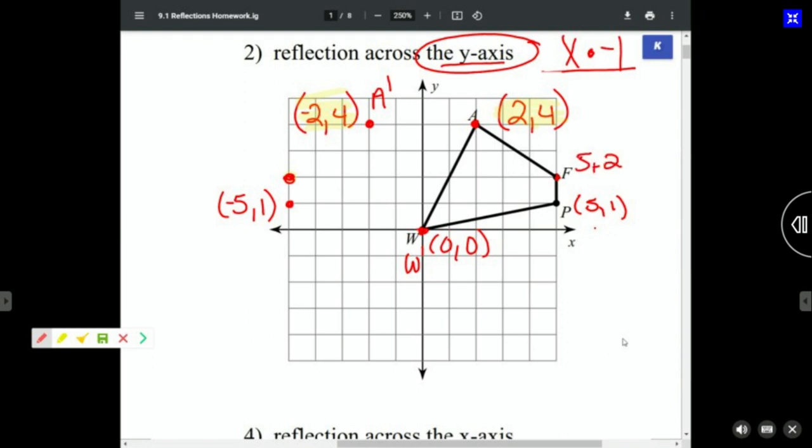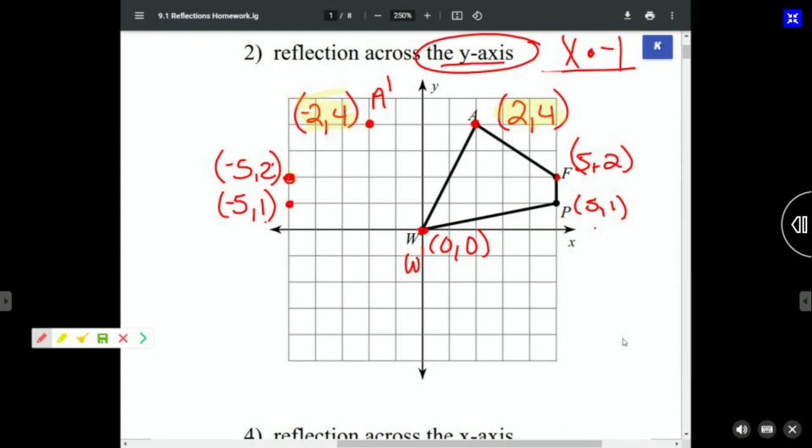Five, 2, negative 5, 2. All my Y's are exactly the same. There's 2 ways to remember it. You can say, I'm going to multiply the opposite one by negative 1, or if I'm flipping over Y, Y stays the same.